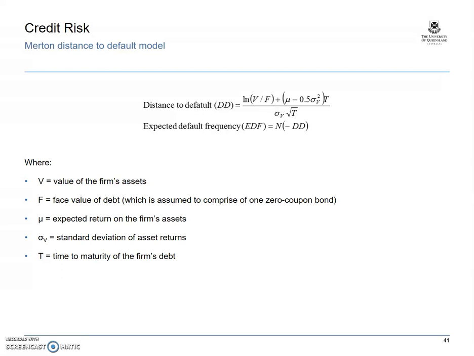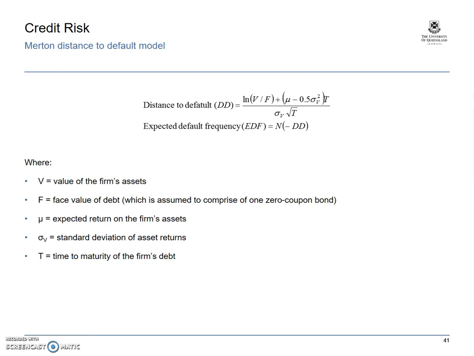So the Merton distance to default model is basically provided by these formulas. The distance to default is DD, and that's basically the log of the value of the firm's assets divided by the face value of the debt, plus the expected return on the firm's assets minus a half of the standard deviation in these assets' returns squared, so the variance of that, and all of that multiplied by the time to maturity.